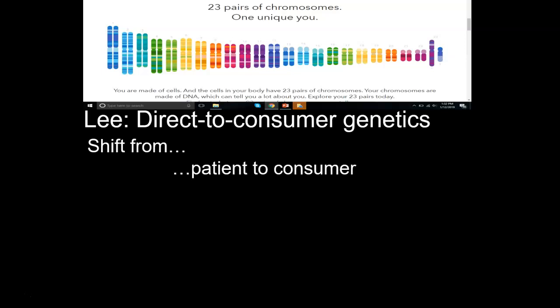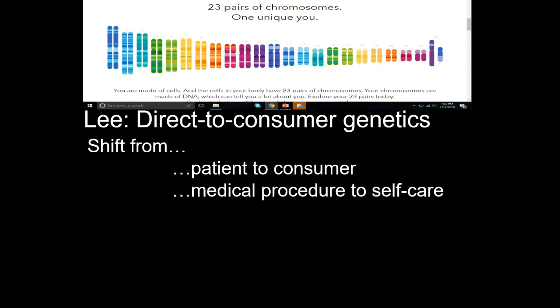So one is a shift from people conceptualizing themselves as a patient, typically in relationship to a doctor, and instead now people conceptualizing themselves as consumers. So instead of taking your health concerns or your interest in knowing more about the genetics of your health to a physician, you buy this service from 23andMe. You stop being a patient and start being a consumer.